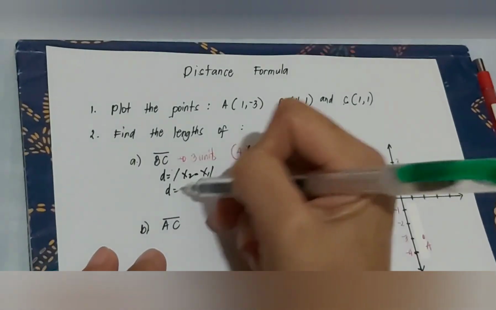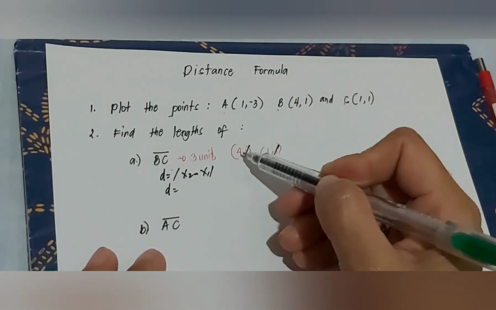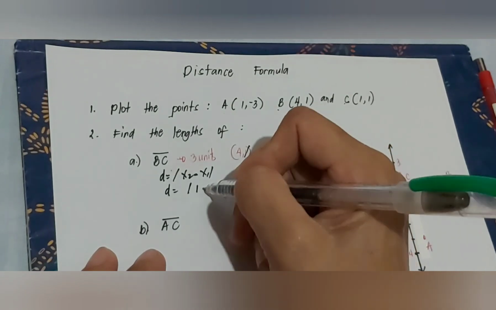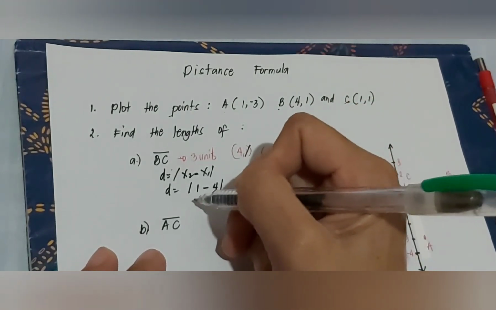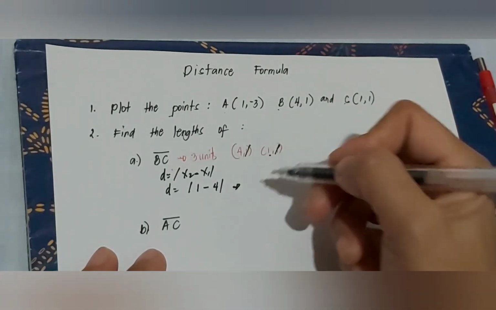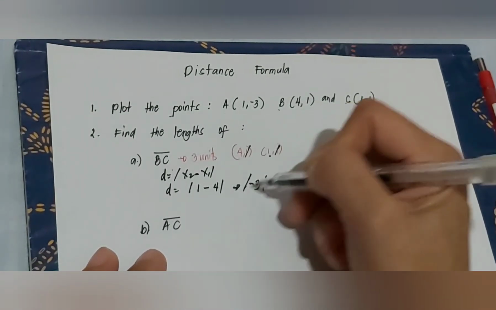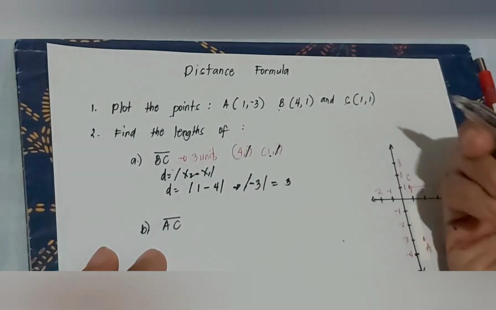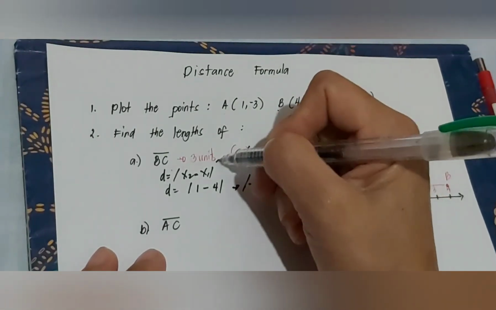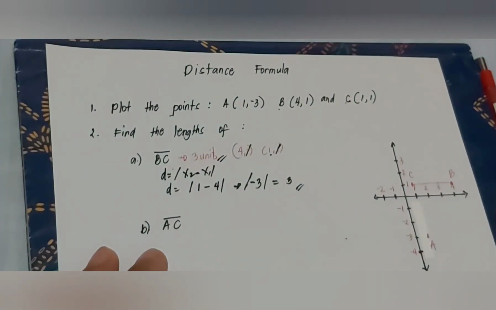So the distance is 1 minus 4, which is negative 3. And absolute value of negative 3 is positive 3. So we have the same answer, 3 units.